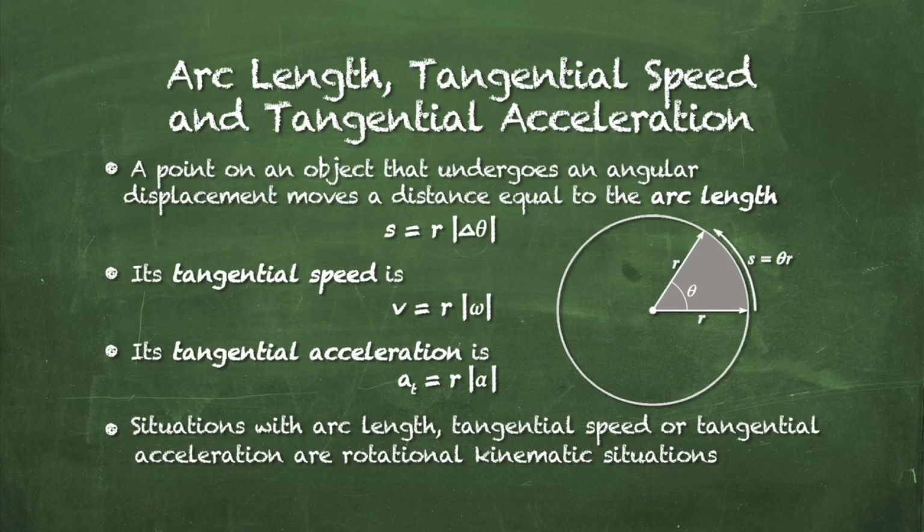So in this case it would be the distance that the string moves. Velocity is equal to the radius of the wheel times the angular velocity, and in this case it would be the velocity of the string. And tangential acceleration, or the acceleration of the string, would be equal to the radius times the angular acceleration of the wheel. To illustrate that, let me give you an example.